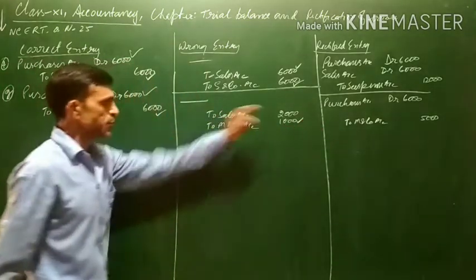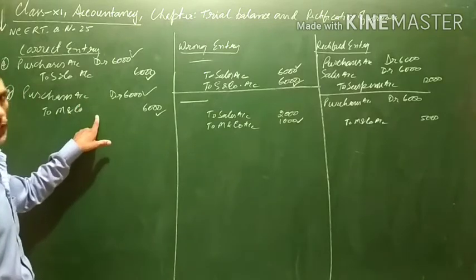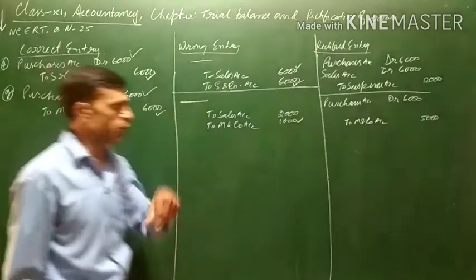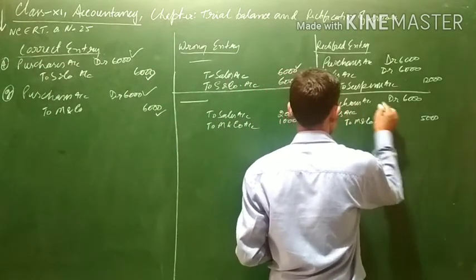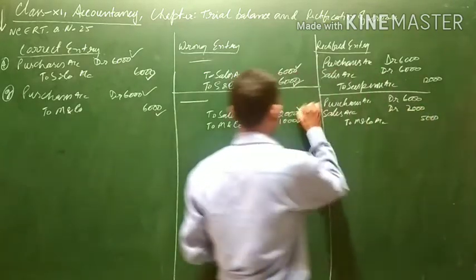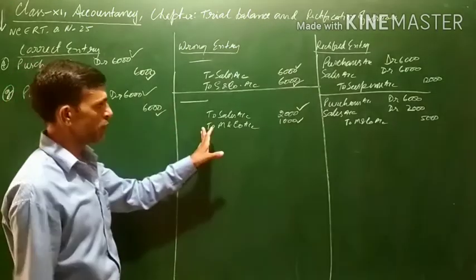Now you can see sales has been credited with 2,000. But as you can see from the correct entry, there is no need to credit sales account. In order to cancel this sales, we will debit sales account with 2,000. Now this part is also over. All the 4 accounts have been taken into consideration. Nothing is left here.